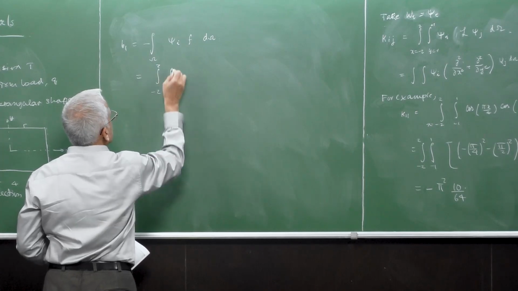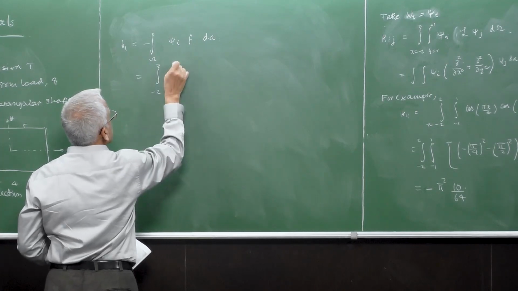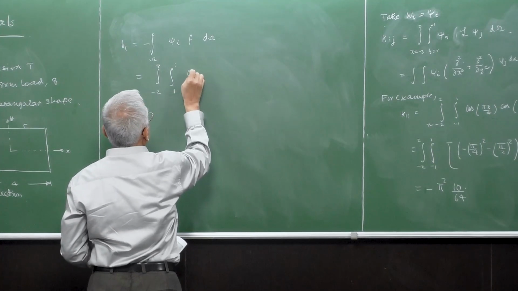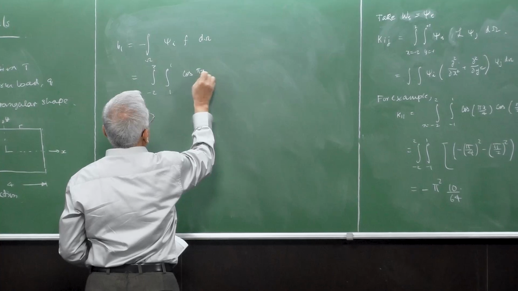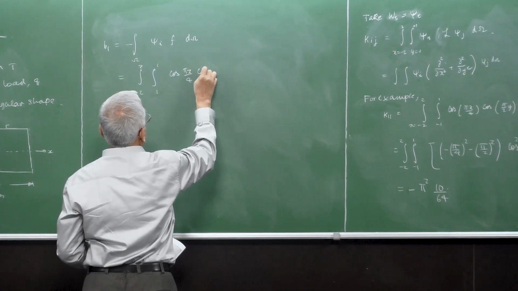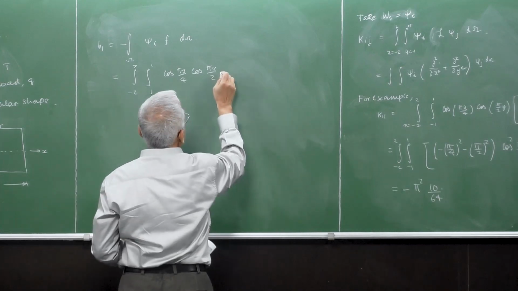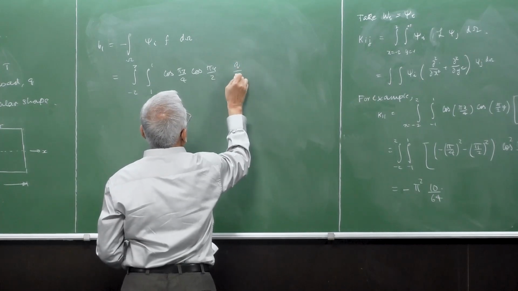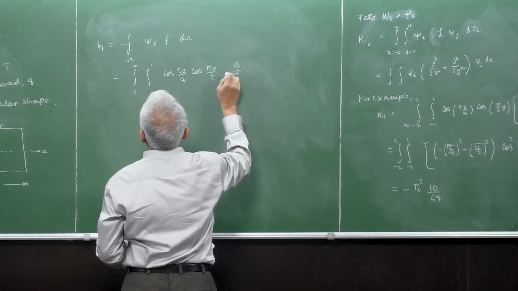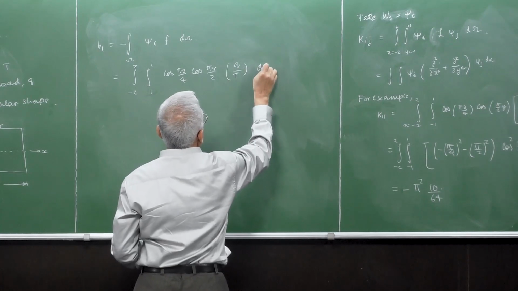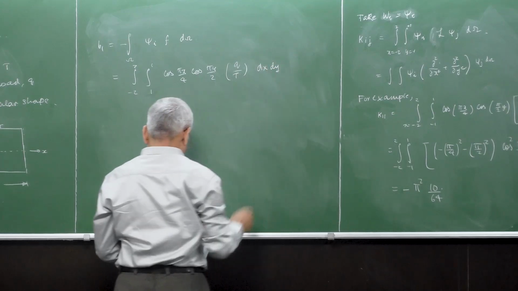Putting it in our form, psi I is cos pi x by 4, cos pi y by 2, and f here is nothing but 2 by t, with dx dy.